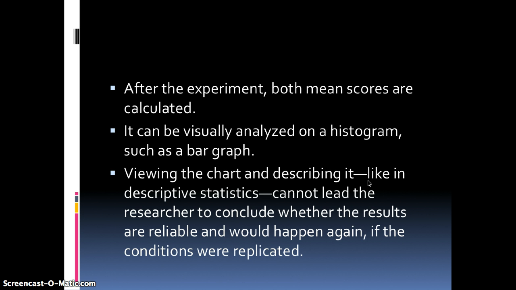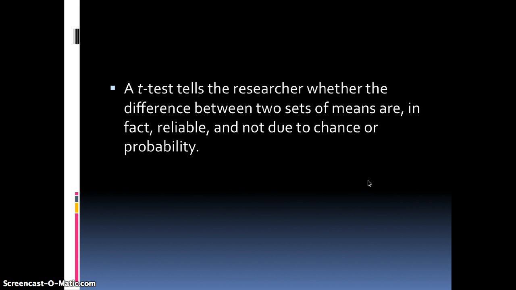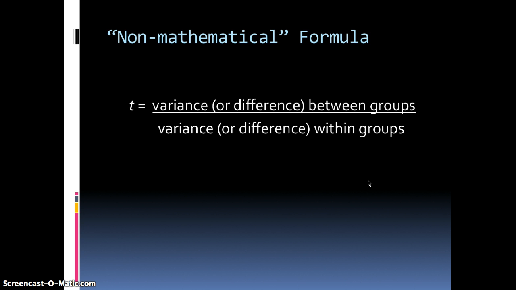Viewing a chart and describing it with descriptive statistics, though, cannot lead the researcher to conclude whether the results are reliable and would happen again if the conditions were replicated. Again, inferential. A t-test then tells the researcher whether the difference between the two sets of means are in fact reliable and not due to chance or probability.